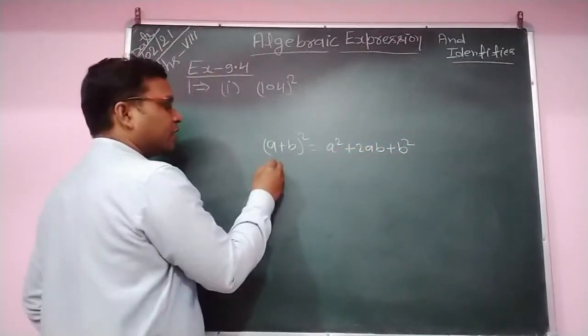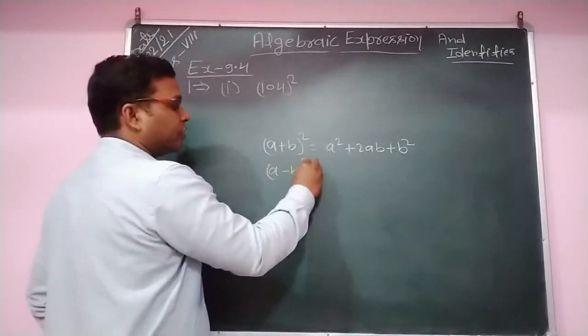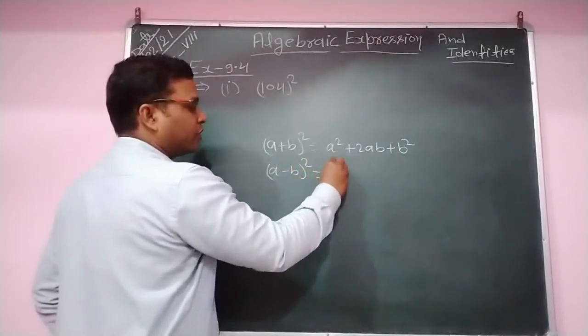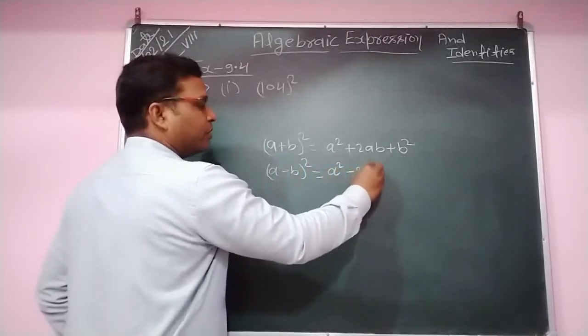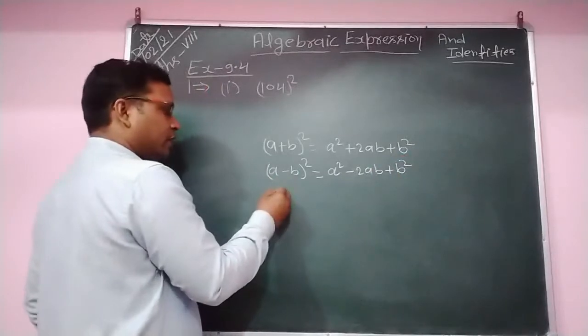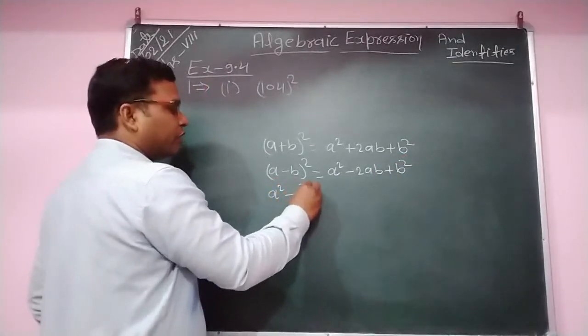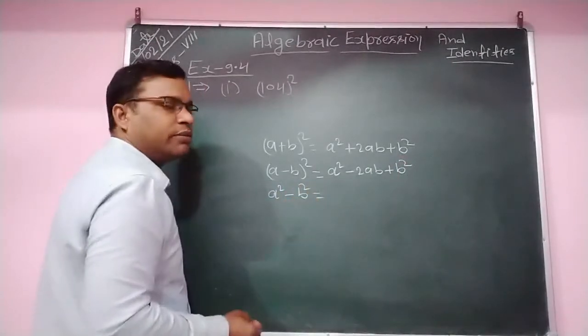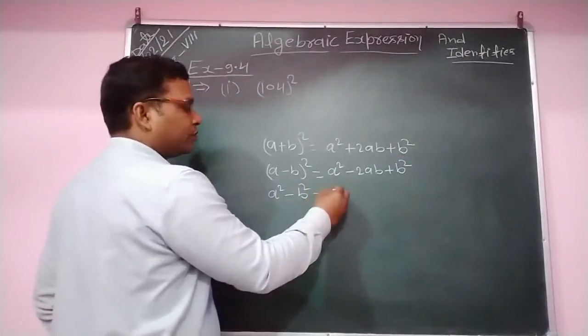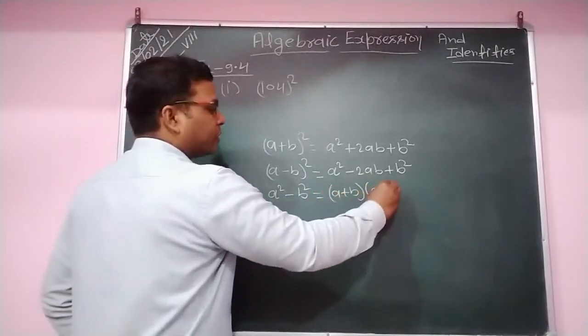The second identity: whole square of a minus b is equal to a square minus 2ab plus b square. And the third identity is a square minus b square, also called the difference of two squares, which is equal to a plus b into a minus b.